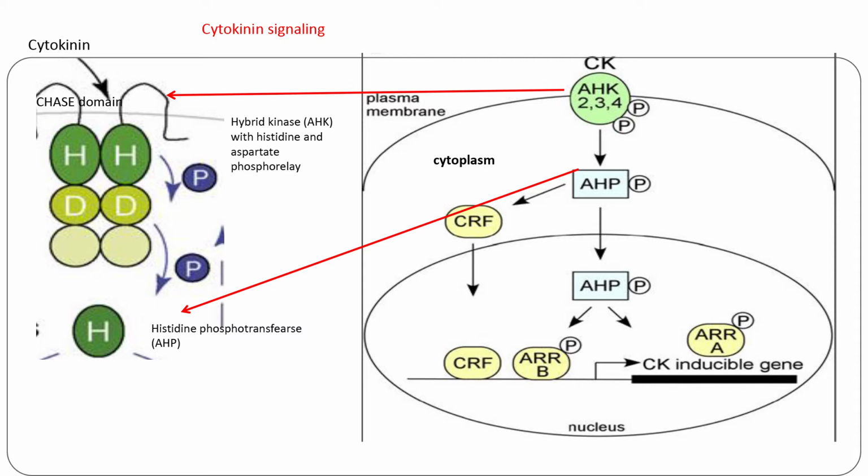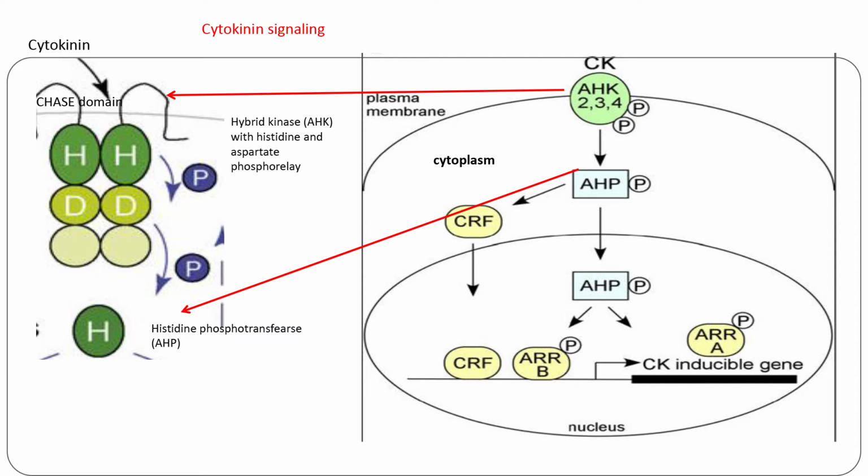Phosphorylated type B ARRs are positive regulators of the cytokinin response and bind to the promoters of cytokinin response genes, leading to their transcription.